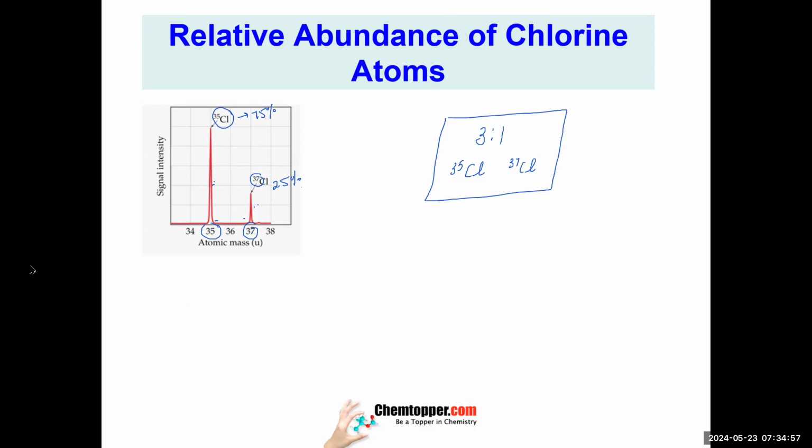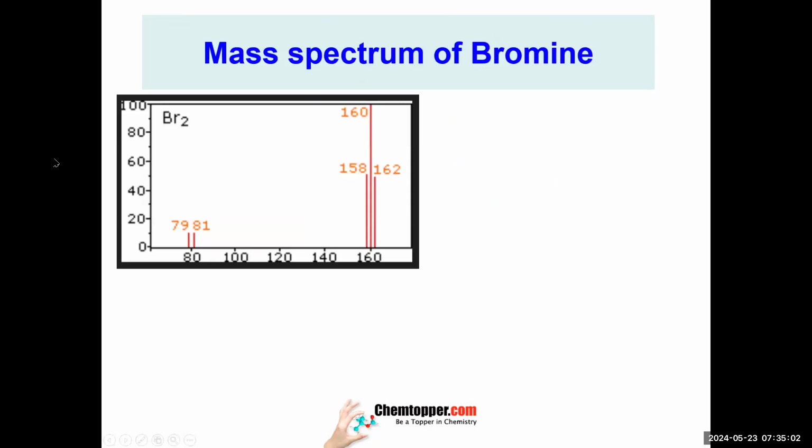Same is with bromine. Bromine is also very unique. In bromine, can you see this one? This is the bromine atom and this is Br2. So what is the abundance of these bromine atoms? There are 2 isotopes, bromine 79 and 81. What is the ratio of their abundance? 1:1. So check this signal.